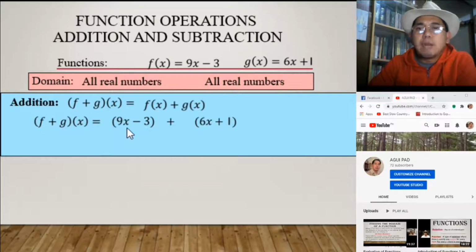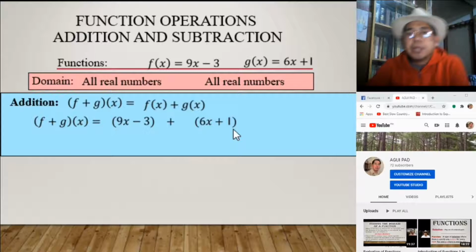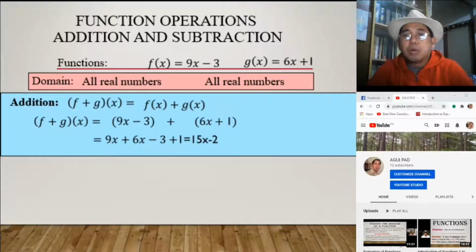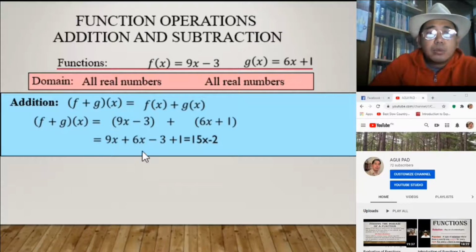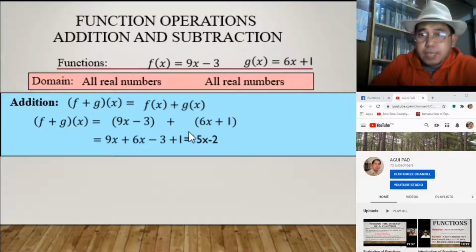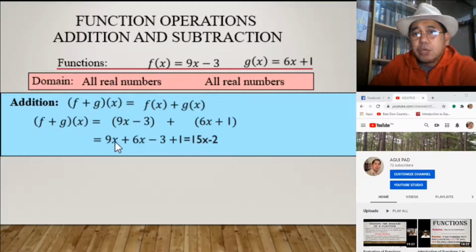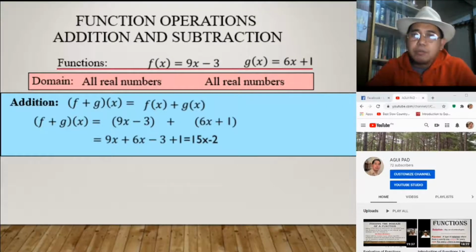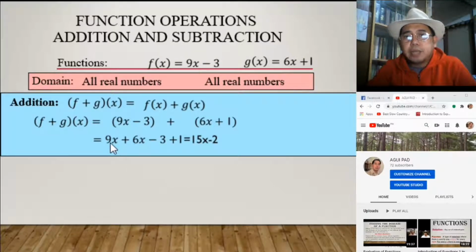Now, how are we going to add? Again, go back to the rules of signed numbers. You combine the like terms. So what are the like terms in here? We have the 9x and 6x. Combine them to give you 15x.